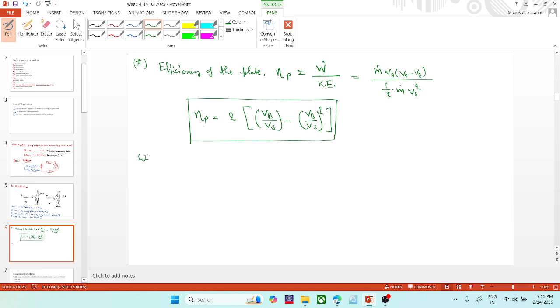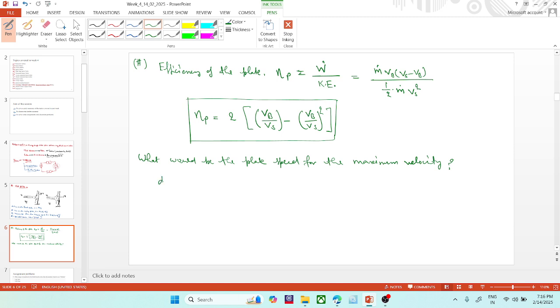Now the next question would be what would be the plate speed for the maximum efficiency. Okay. So for that we have to differentiate and then put that to 0.